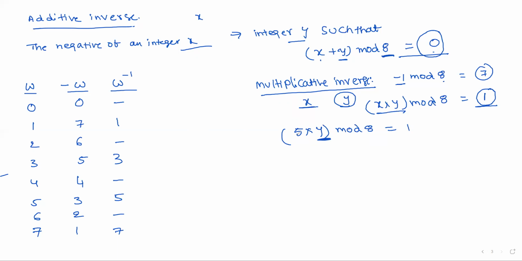Suppose y is equal to 1: 5 into 1 is 5, 5 mod 8, the remainder is 5. 5 into 2 is 10, 10 mod 8, the remainder is 2, not 1. 5 into 3 is 15, 15 mod 8, the remainder is 7. 5 into 4 is 20, 20 mod 8, the remainder is 4. 5 into 5 is 25, 25 mod 8, the remainder is 1. So for y equal to 5, we get remainder 1, so this 5 is called the multiplicative inverse. This is the way to calculate the additive inverse and multiplicative inverse.